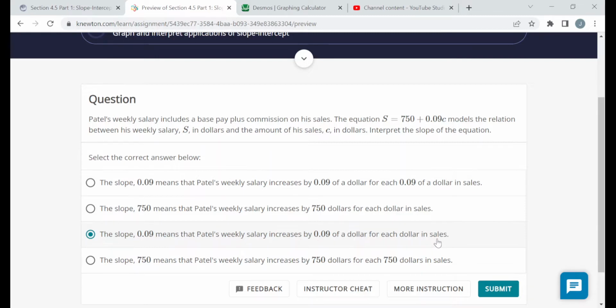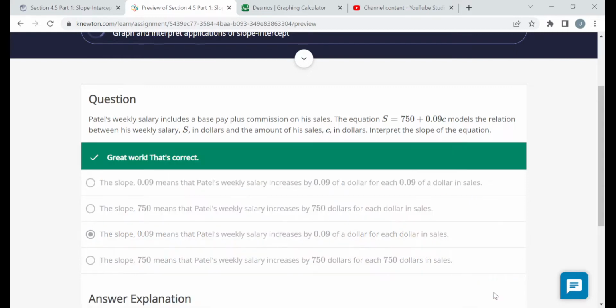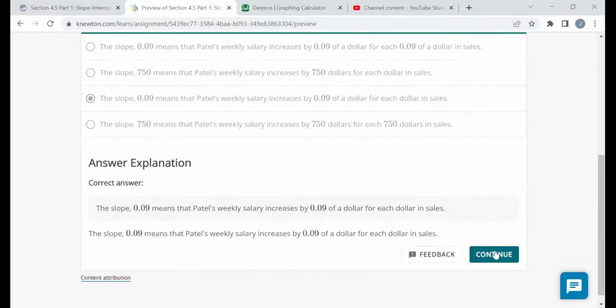Every time he sells one more dollar, the salary goes up 9 cents. Very similar to the previous problem with a slope of 42. Slope tells you how much one quantity will change if the other quantity is increased by 1.